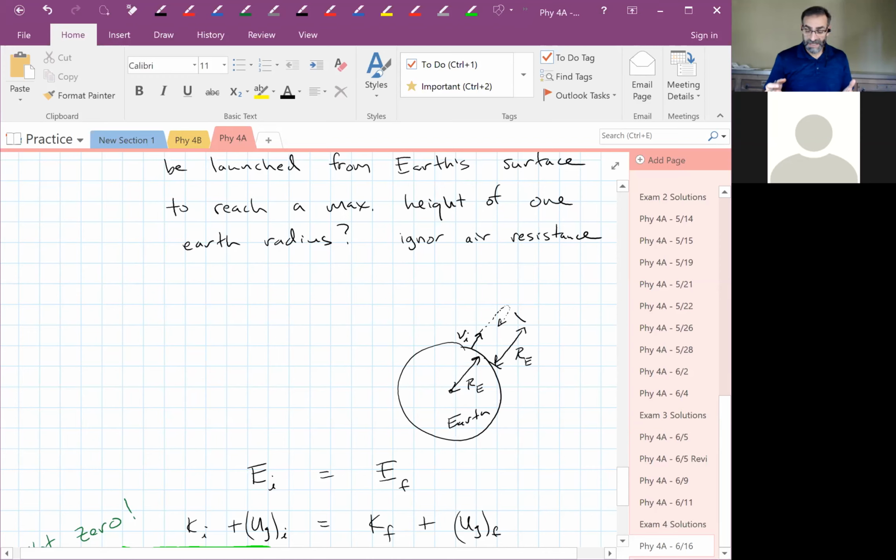What we're wondering is, is there some speed we can launch something with from the surface of the Earth such that it does not stop and turn around and come back to the Earth? It leaves and it never comes back. That's called the escape speed.